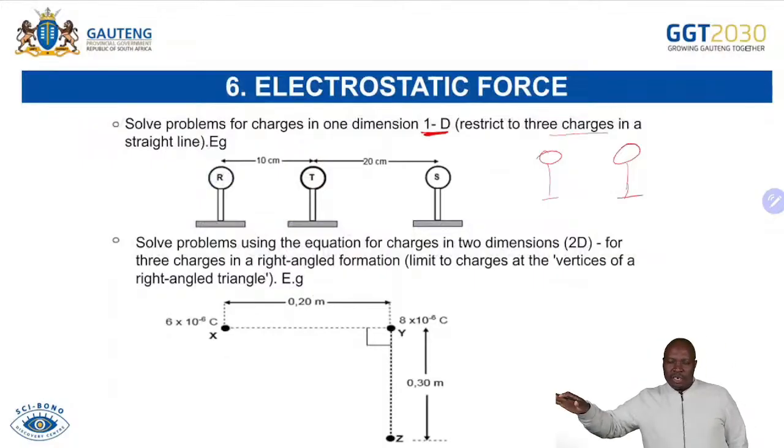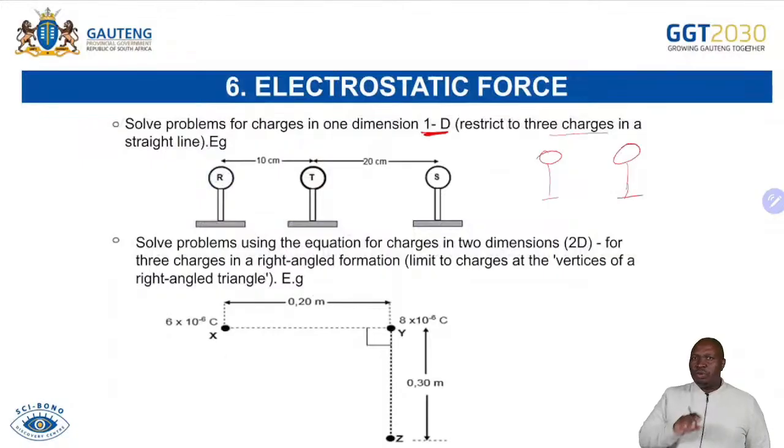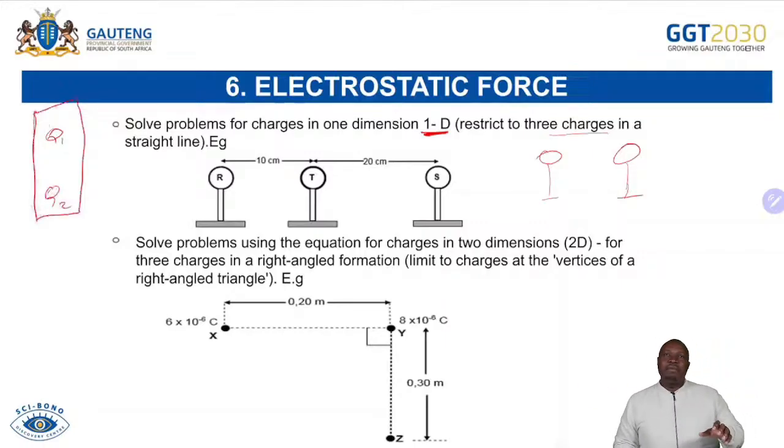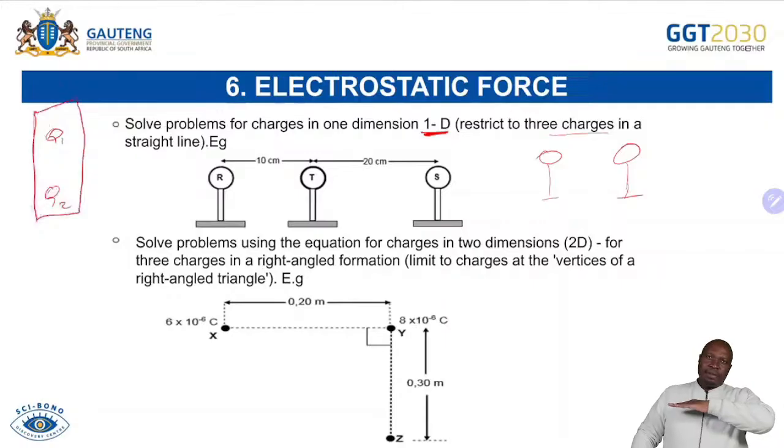And when you say they are in 1 dimension, I've already said it, they will be horizontal or they will be vertical. So don't be confused when you go to a paper, you are having Q1 and Q2 given like that, and then you are saying no, they must be horizontal all the time. No, we're saying 1 dimension, it means it will be either horizontal or vertical.